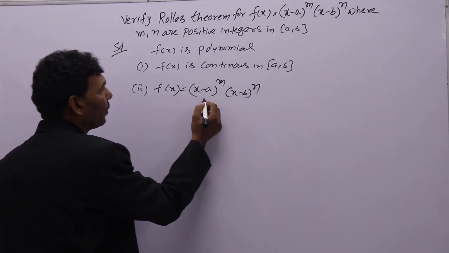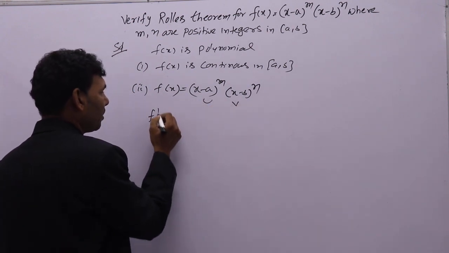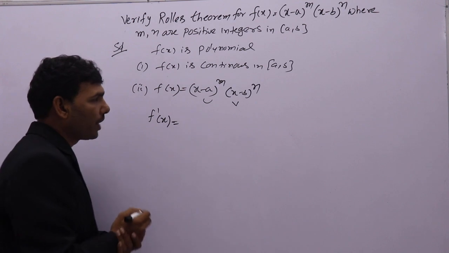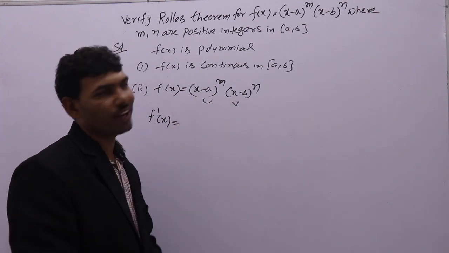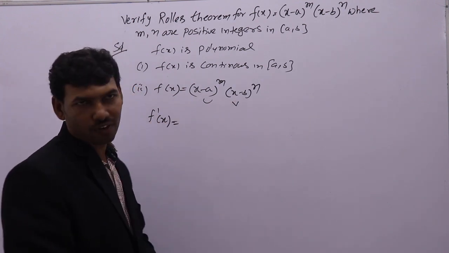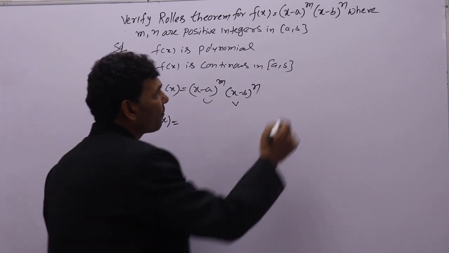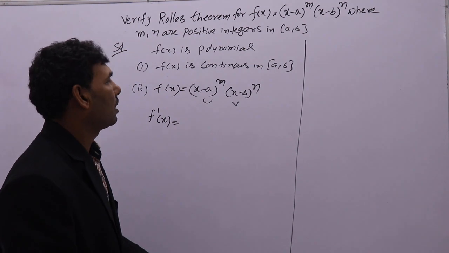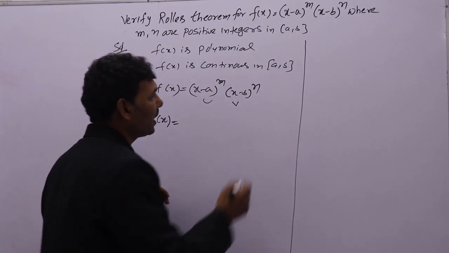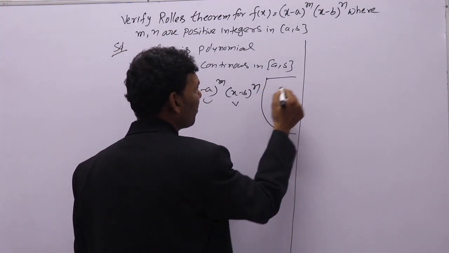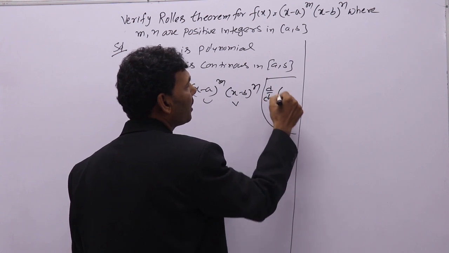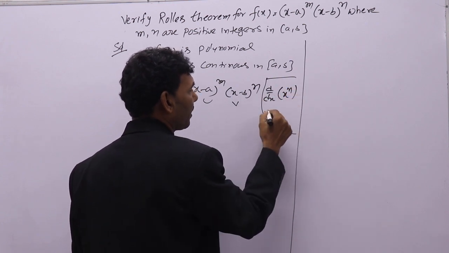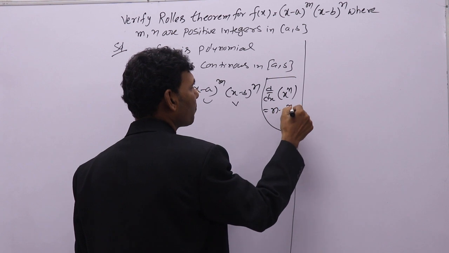Now, UV rule, f dash of x needed. You know UV rule: u differentiation of v plus v differentiation of u. For that, you need to recall one famous differentiation formula, d by dx of x power n is n into x power n minus 1.